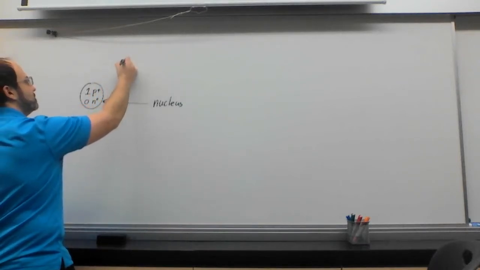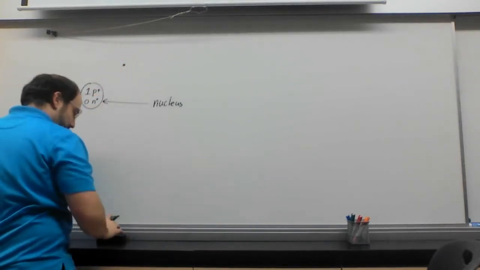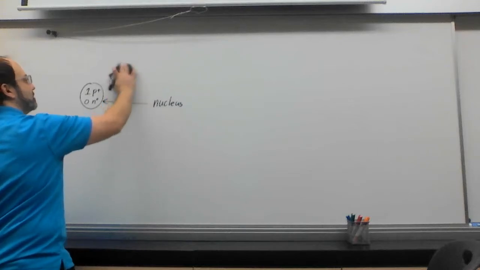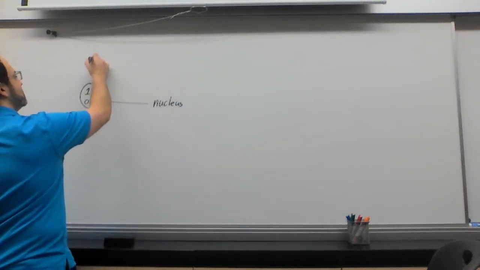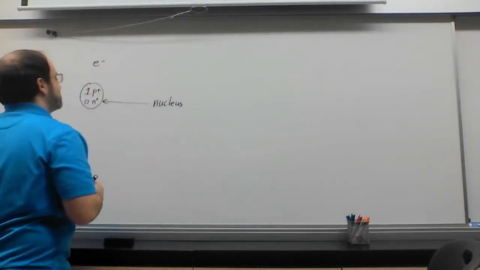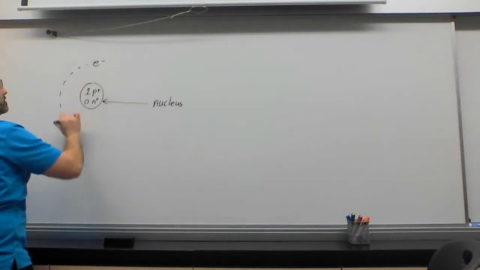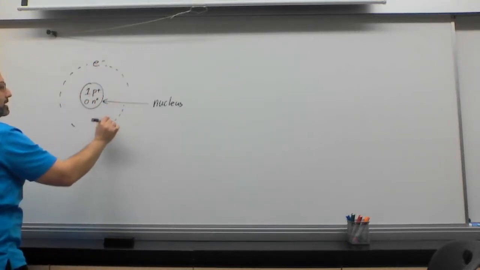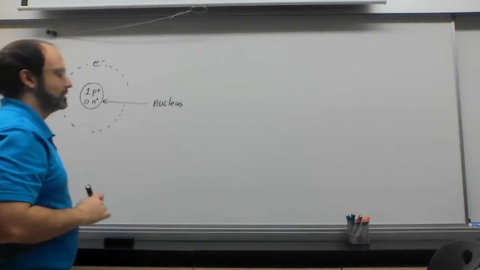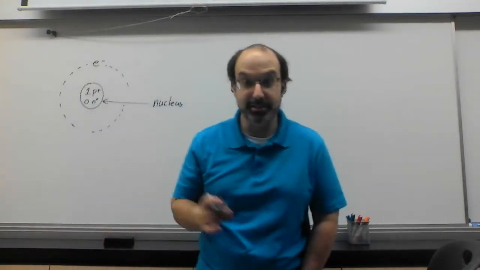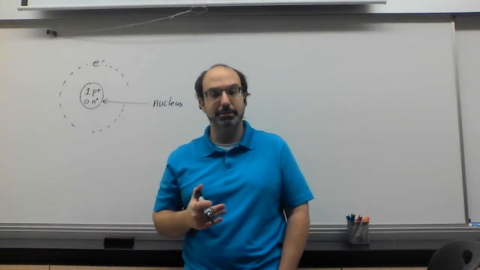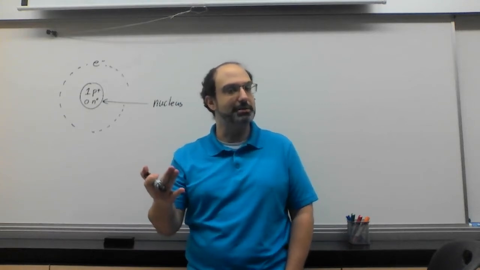Now, there's a couple different ways to do it. Usually we just put a dot of some form, but for the purposes of reminding ourselves about all the different notations, I'm going to use E minus. And that E minus is going around in an orbital like so. And this would be the Bohr model of hydrogen.